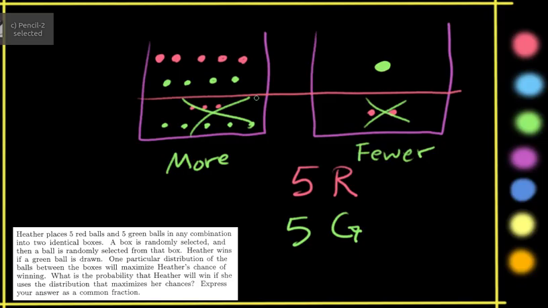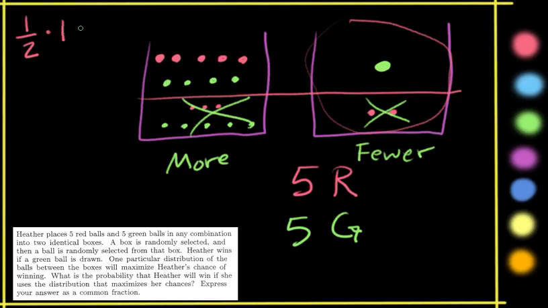So she wins if she gets a green ball. So she's going to have a half a chance of choosing this box, and if she chooses that box, the probability is 1 that she'll get the green ball. And then she's going to have a half a chance of getting the other box, and if she does that, she'll have a 4/9 chance of getting the green ball.